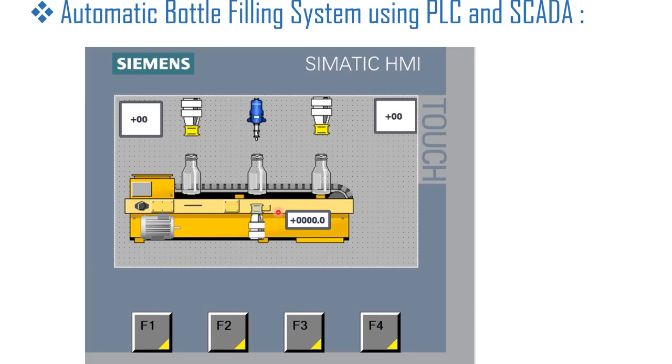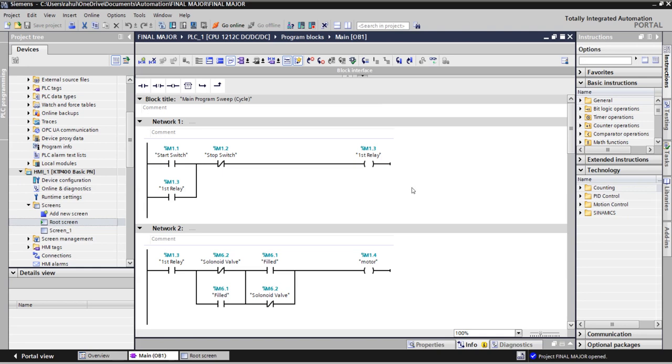So here we are now. This is our main program block, and this software is TIA Portal version 16. It is designed by the Siemens company for doing many logic operations and all the control systems.